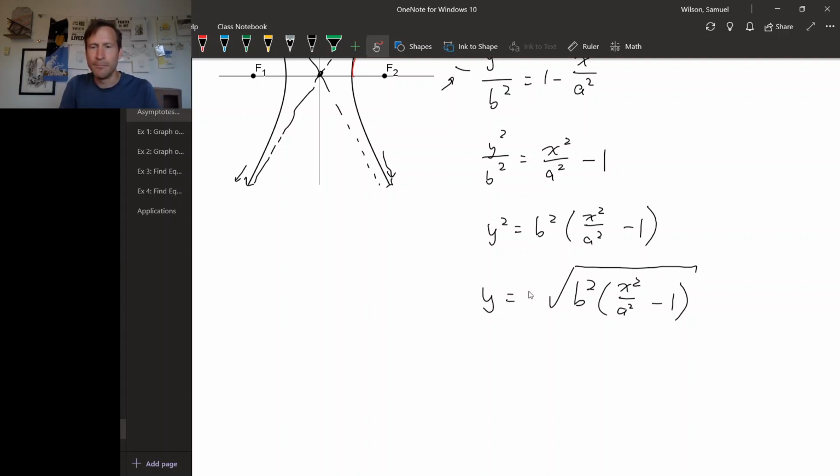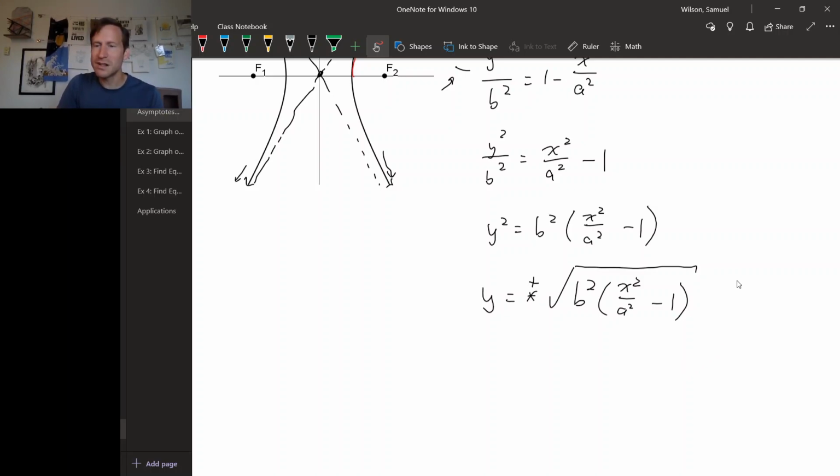Of course we took a square root on both sides of the equation, so we should have a plus or minus. But since we're using just the top half of the hyperbola for this thought experiment, we don't need the minus possibility. That would give you the bottom half of the hyperbola. So we're going to use the positive possibility here.